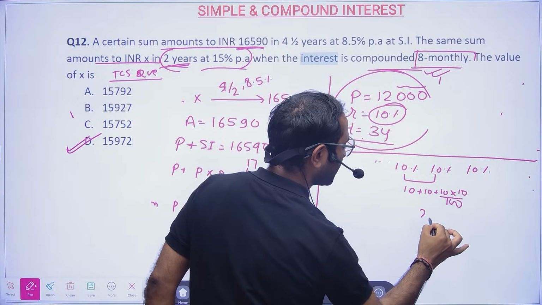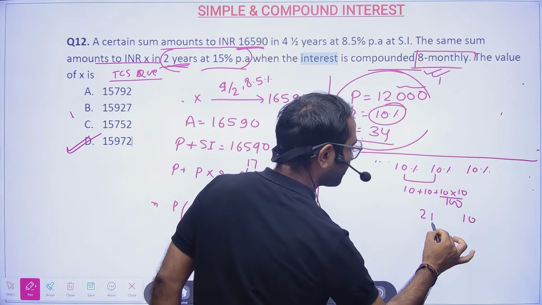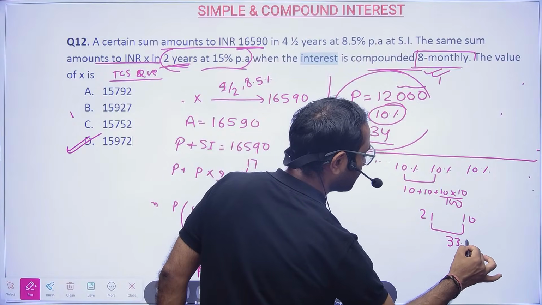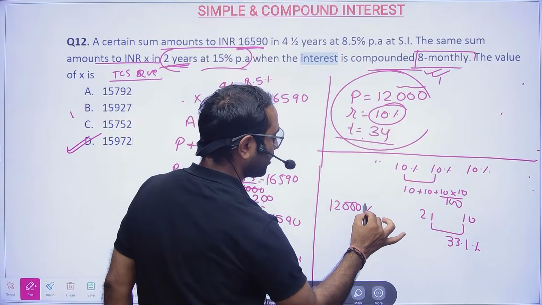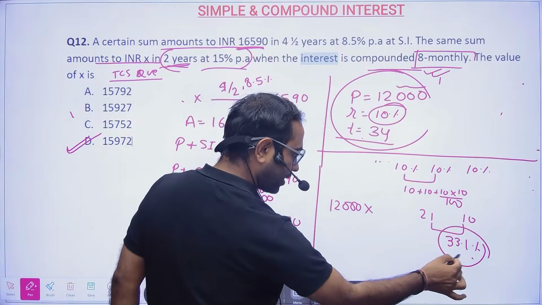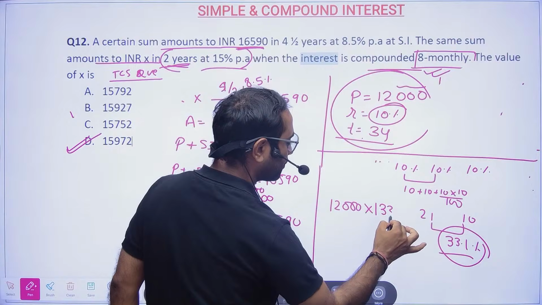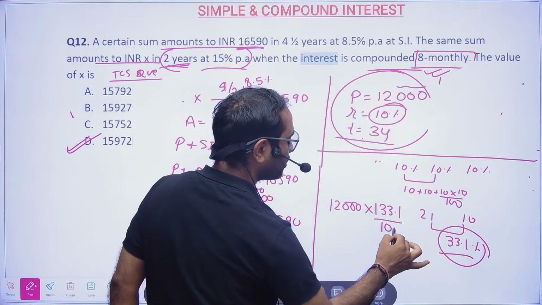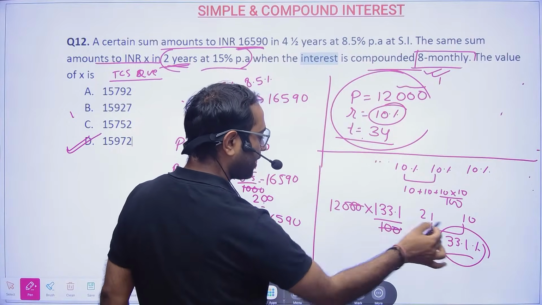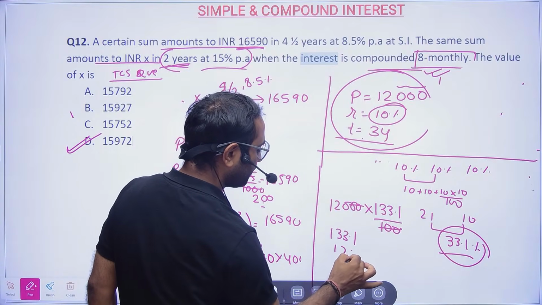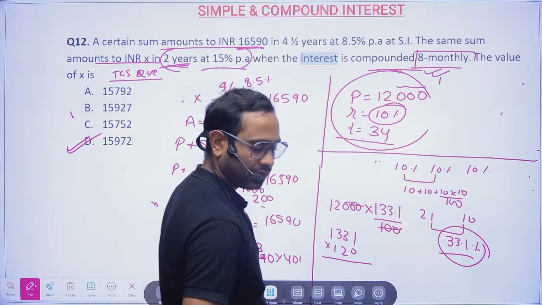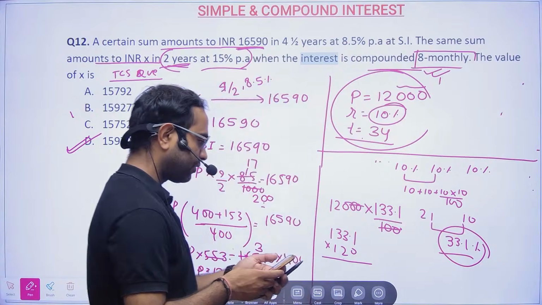So this will become 21 and this will become 10. Again next, so this will become 33.1%. Now you calculate 12,000, and directly this is for interest, and if you have to calculate amount, then add 100, and now 133.1 into 120, if you multiply, let's see what is the answer you will get.